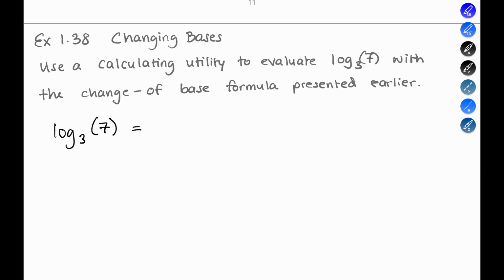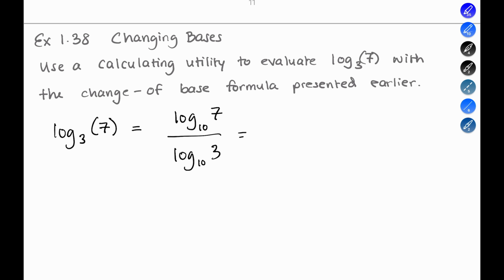We could say log of 7 over log of 3. And when you put it into your calculator, the calculator automatically puts the base as 10. So let's just put it as 10.